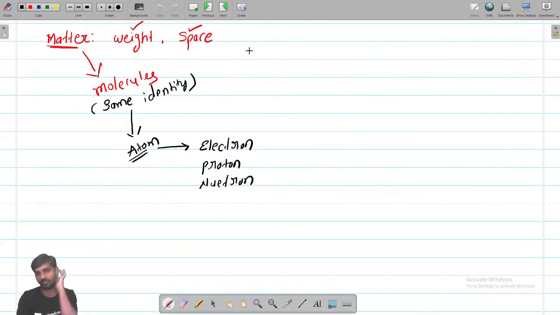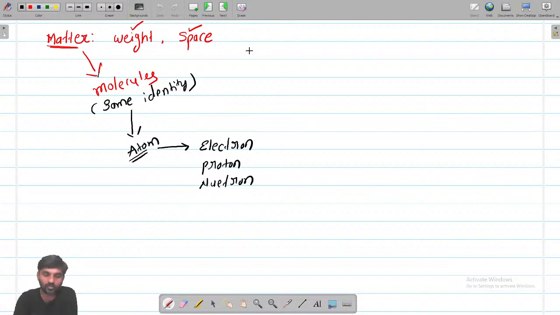Then we discussed what matter is. Matter is anything which has some weight and occupies space, and matter can be subdivided into molecules. Molecules are made of atoms. An atom has 3 fundamental particles: electron, proton and neutron.